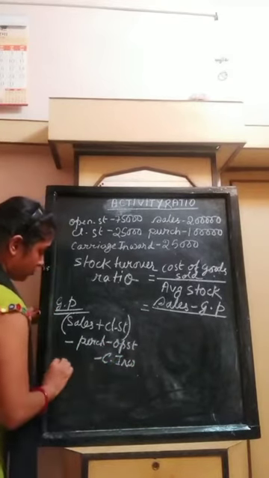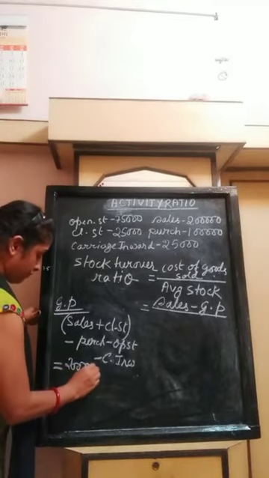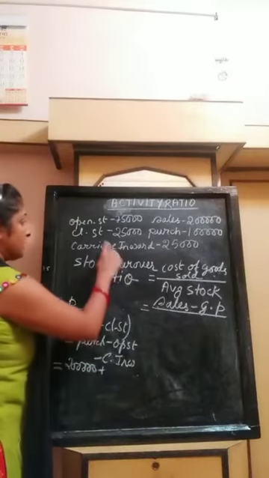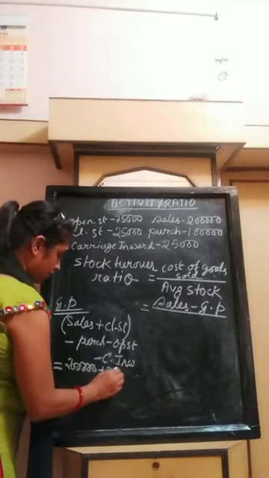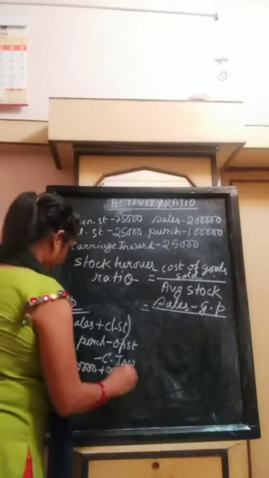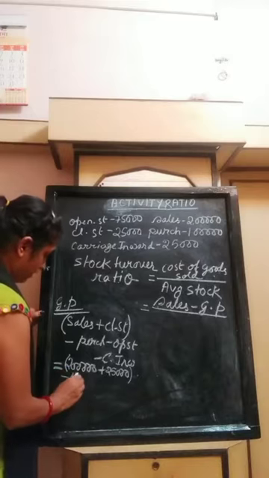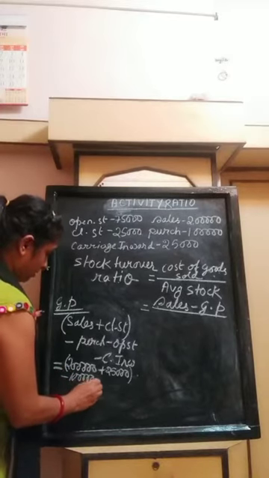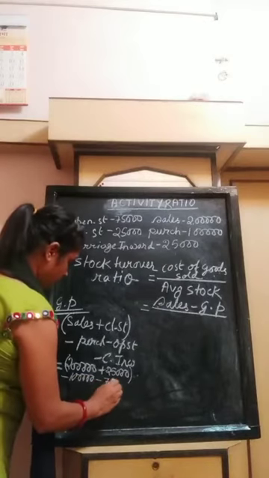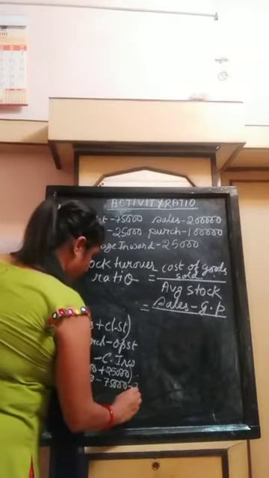Here sales is given, 2 lakh, plus closing stock 25,000, minus purchase 1 lakh, minus opening stock 75,000, minus carriage inward, that is also 25,000.